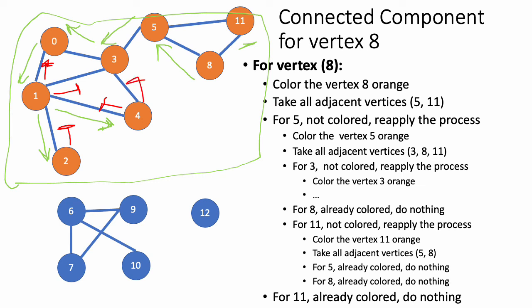So now I will backtrack and go back to 1, go back to 0, and sure, from 0 I cannot go here, so I'll backtrack to 3. From 3 I cannot go in other directions because they are already blocked. So I will need to backtrack to 5, and only now from 5 I will go to 11.